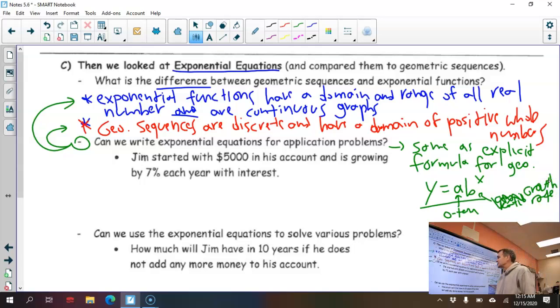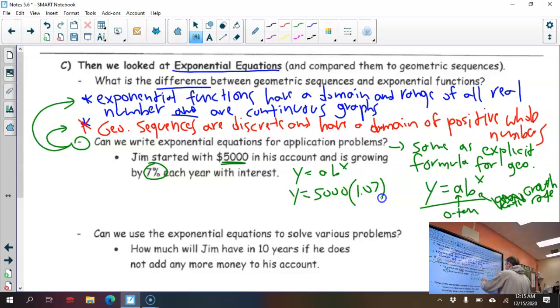All right. So could we do that for this? Jim started with $5,000. So it's going to look like this. But my starting amount is $5,000. So it's going to be 5,000 times, and it's growing by 7%. So that's 1.07 to the x.